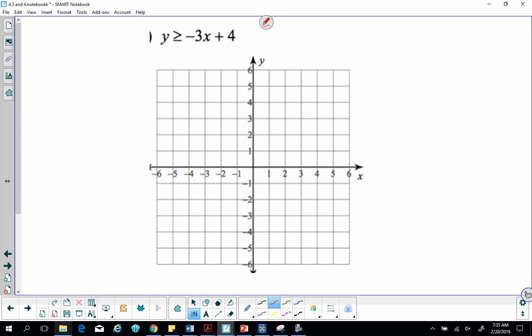What is my y-intercept? 4. So I'm going to plot my b, or my y-intercept, at 4. Then my slope is negative 3. You plotted yesterday, so you remember that. So it's negative 3 over 1. I would go down 3, always to the right 1, plot. And I'm going to keep going.